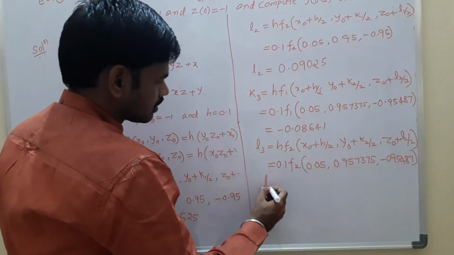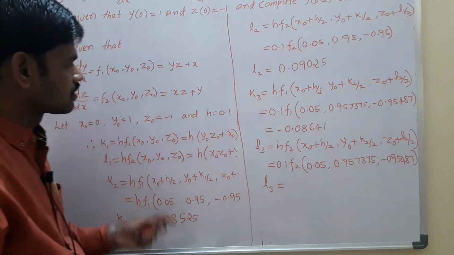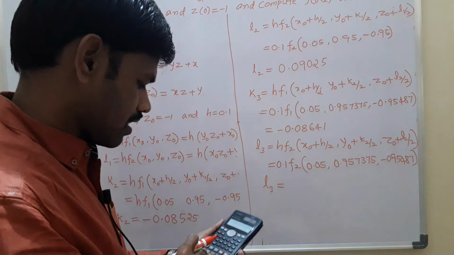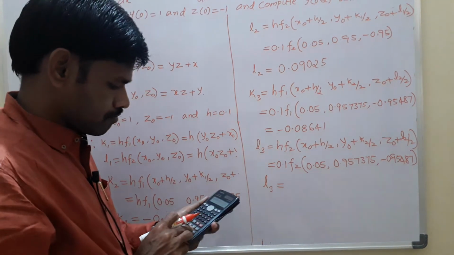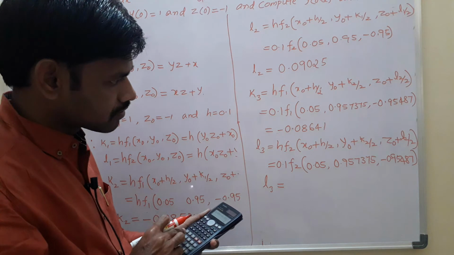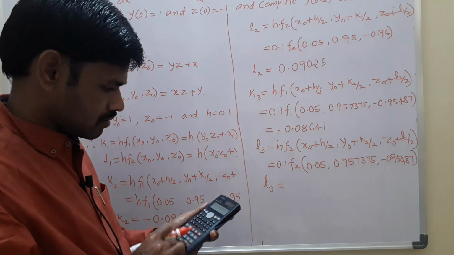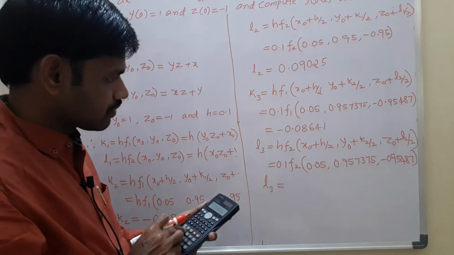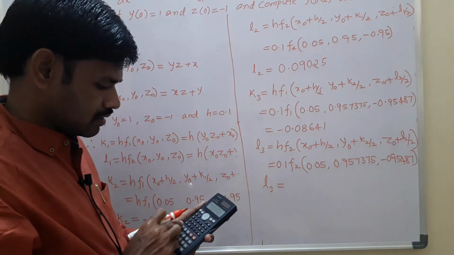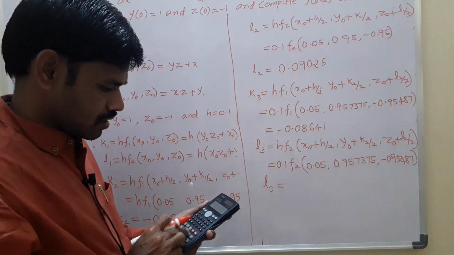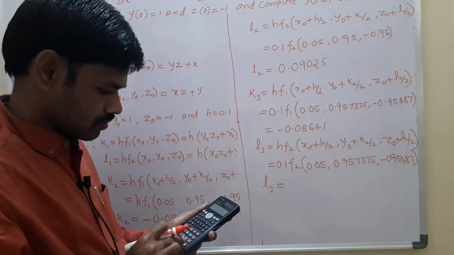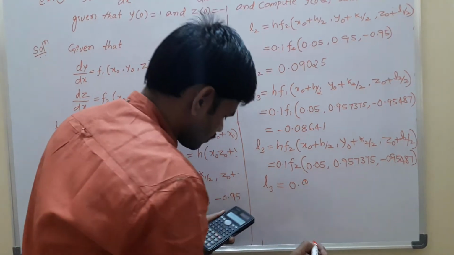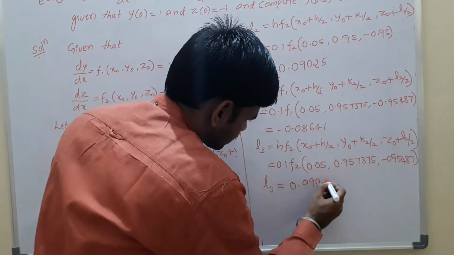So L3 equal to second function xz plus y, that is 0.05 into minus 0.95487 plus y, 0.957375, into 0.1, we get 0.09096.